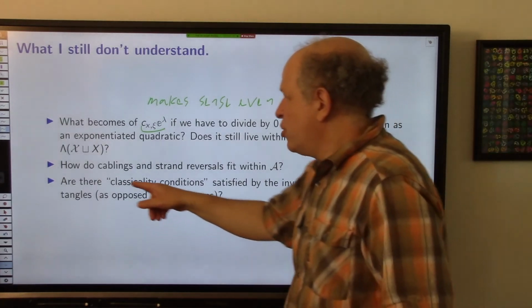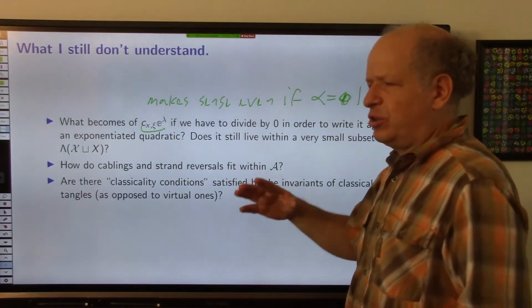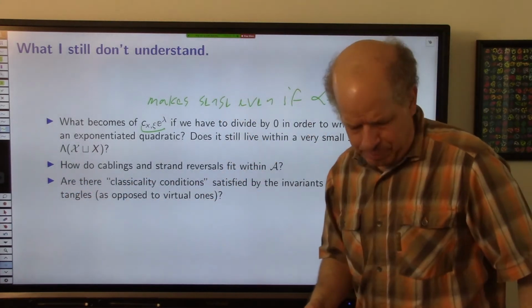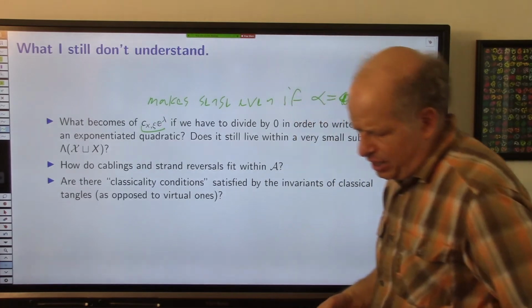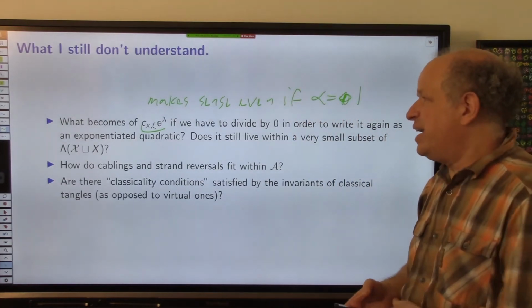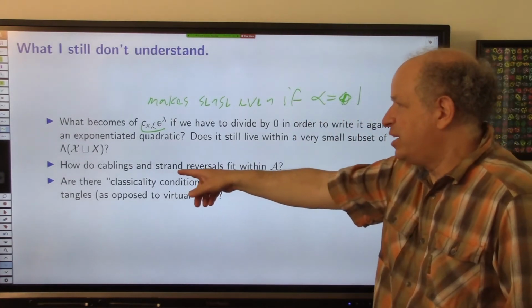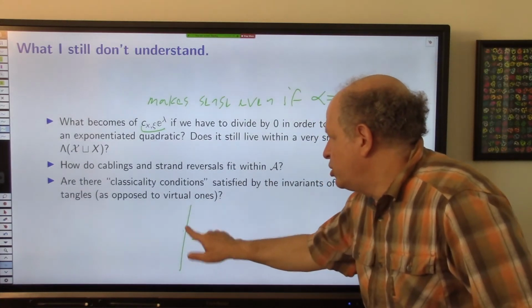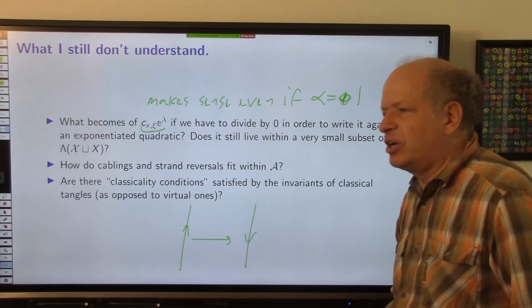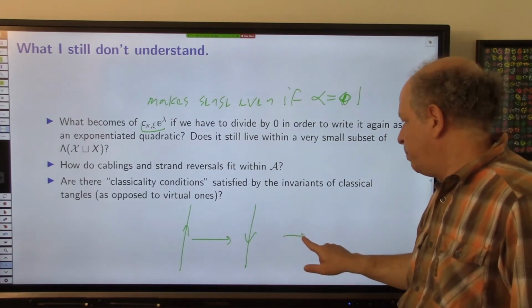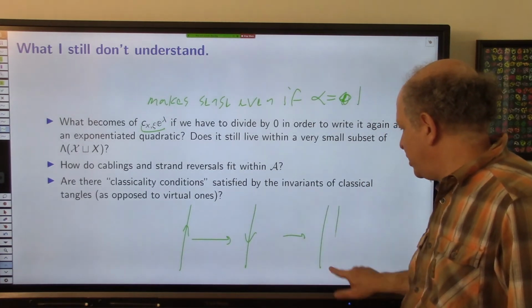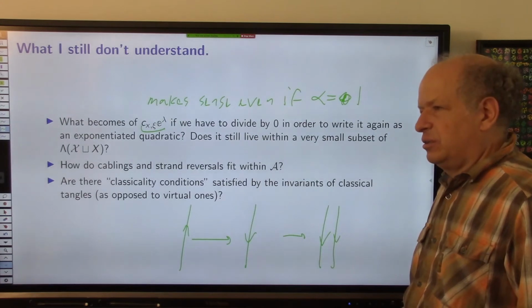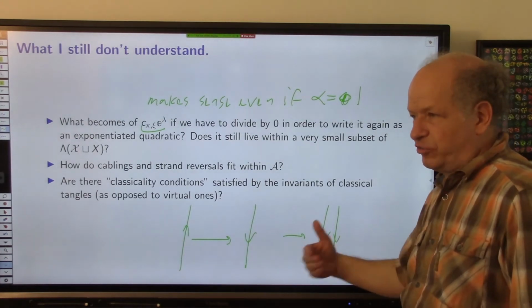Second, I don't really understand, you know, the multivariable Alexander polynomial has also good behavior under strand doubling and strand reversal. So if you have a strand, there is the operation of reversing its direction, and there is the operation of doubling it, making two copies of the same strand.